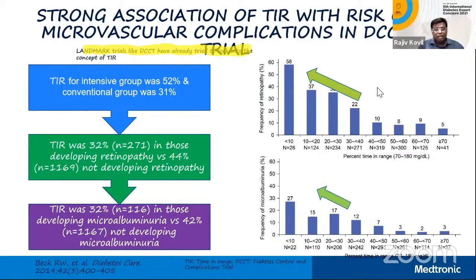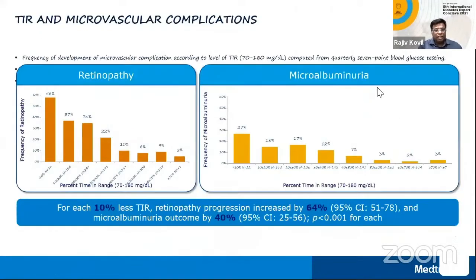And here, in a landmark study like DCCT, there is validation of TIR. Again, for each 10% less TIR, retinopathy progression increased by 54% to 64%, and microalbuminuria by 40%, again with a very significant p-value.